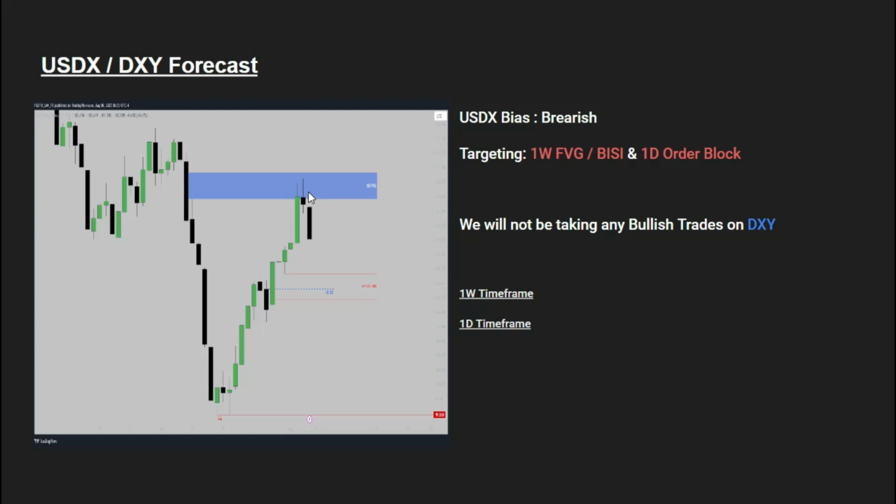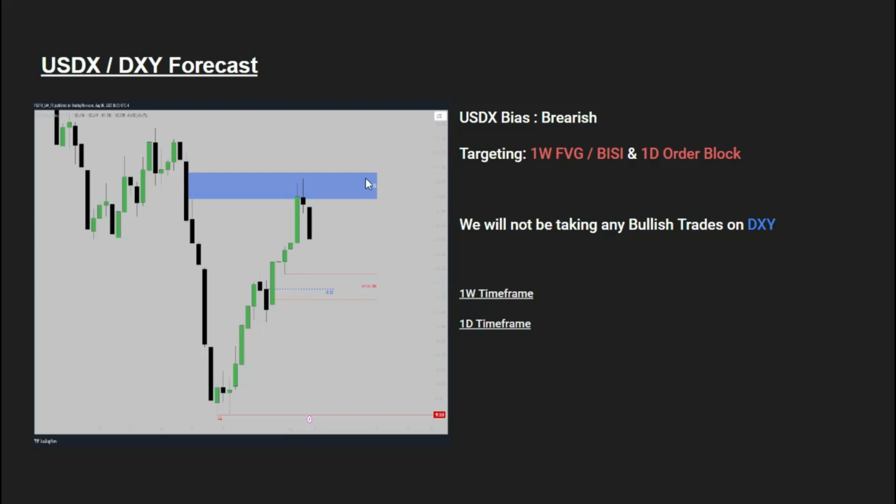So when it's indicating some form of bullish price, I'll be looking to take bearish trades on futures and Forex, and vice versa. If USDX is bearish, I'll be looking to take bullish trades on futures and Forex.